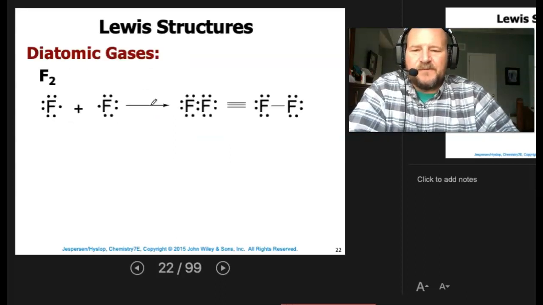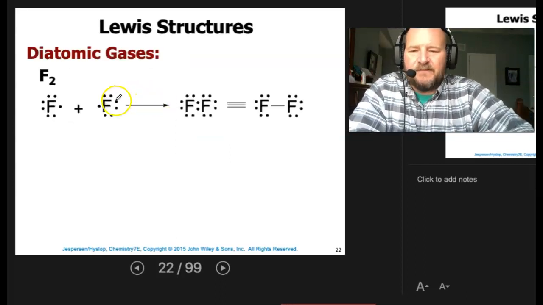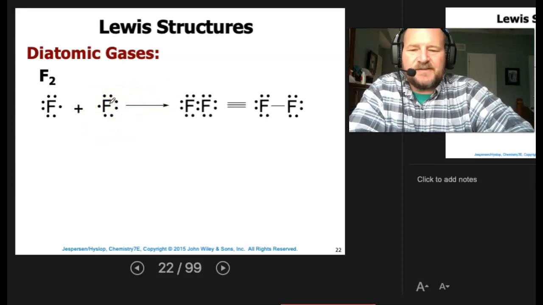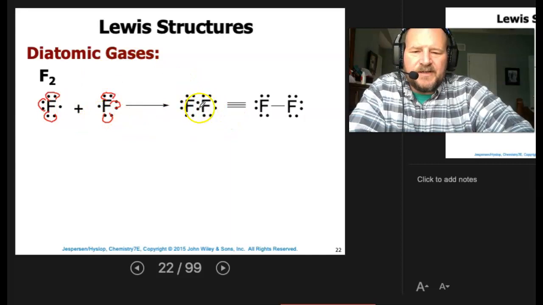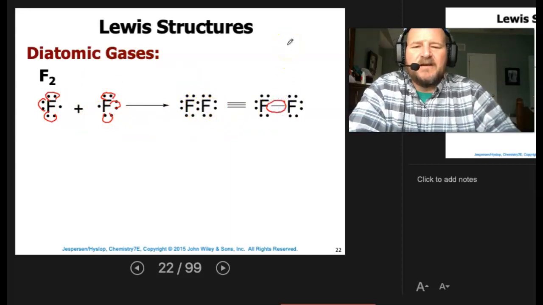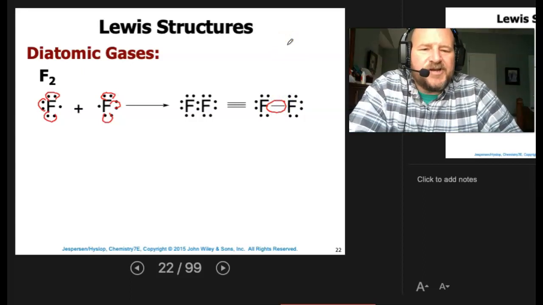So for F2, we can see the same thing, but notice now fluorine's bringing 7 electrons. It's got 3 lone pairs, so each one has 3 lone pairs. Draw those in real fast. Okay, so the 2 that are single are going to link up in the middle here. And of course, again, it's going to form a dash representing that single bond sharing of 2 electrons.